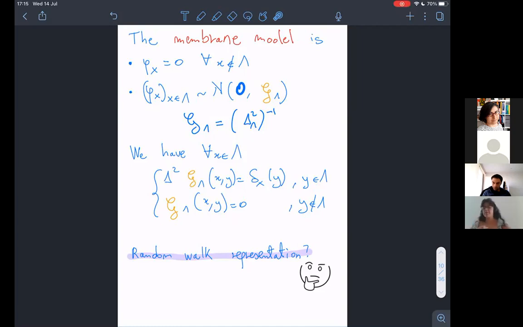Okay, so you say, am I repeating everything that I've said before? You may guess what I'm going to do next is talk about the random walk representation. But the random walk representation for the membrane is a bit more complicated, and that's due to the fact that restriction and square do not commute as operations on the graph.